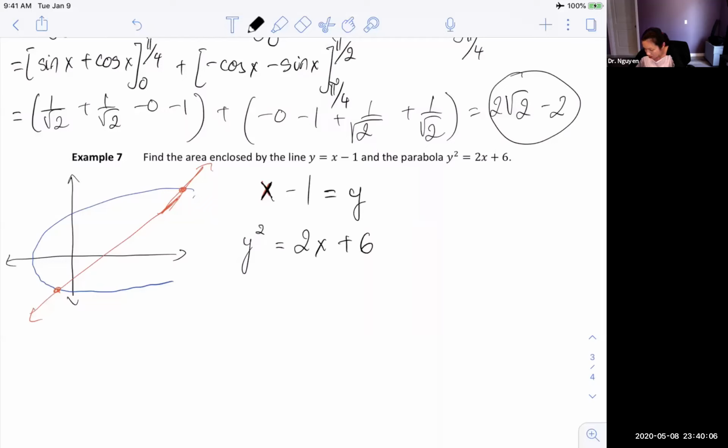All right, I need to use substitution. So I'm going to solve for x here. So x equals y plus 1.